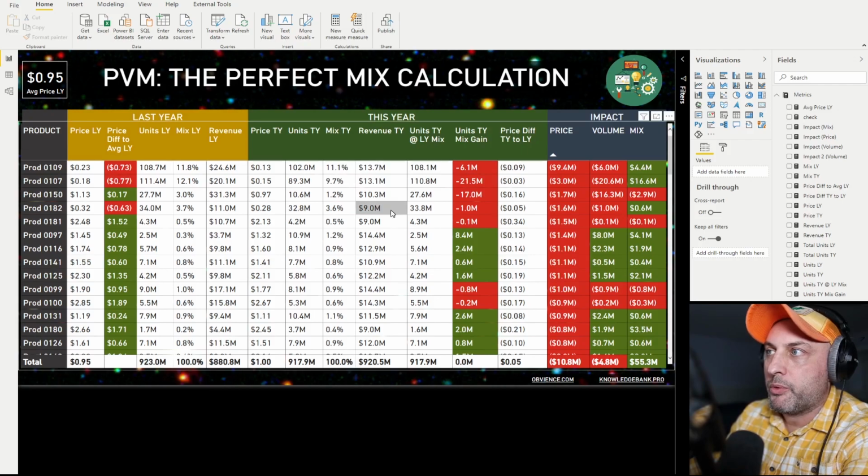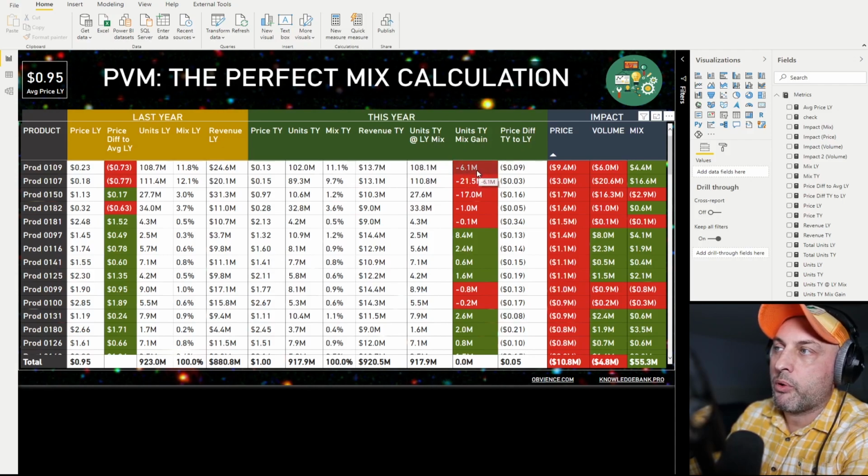At last year's mix, we should have sold 108.1. So we're going to compare volume this year with volume this year at last year's mix, right? It used to be 11.8%, now it's 11.1%. So we're going to restate 917 million of this year at this percentage, and then calculate the difference.